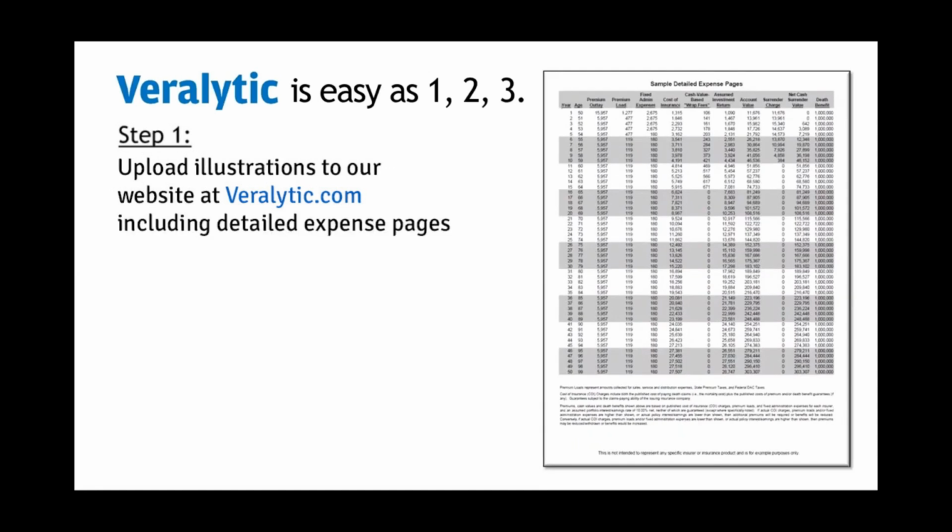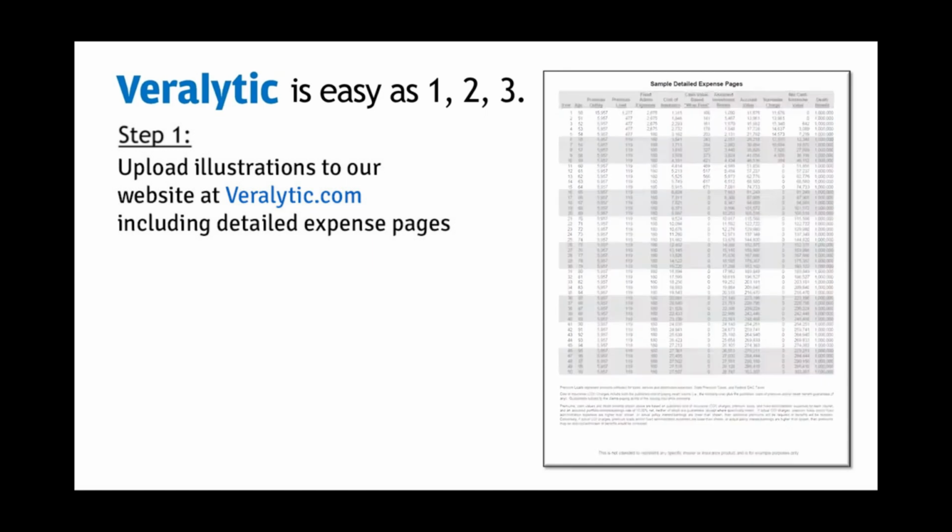And because current regulations in some states and for some products allow insurers to quote a premium that appears lower than other products, even when they charge more than other products, insist that these illustrations include the detailed expense pages for universal life-type policies.